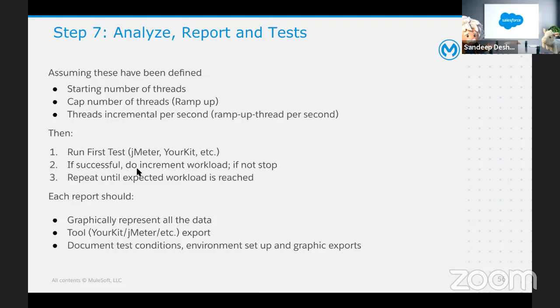Next is actually running that JMeter test. If successful, just increment the threads or the payload size, and until you break it, don't stop, and you'll understand what the baseline of your system is. You'll complete your stress testing as well.